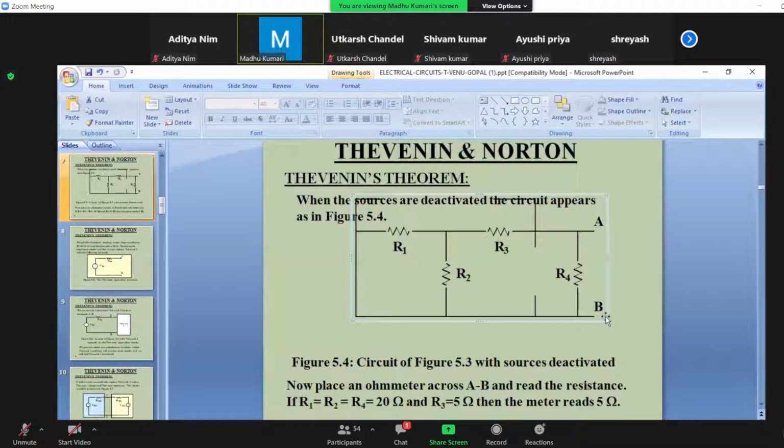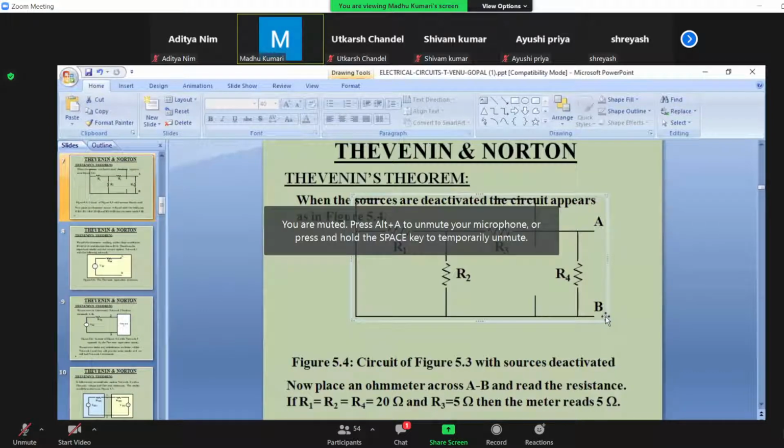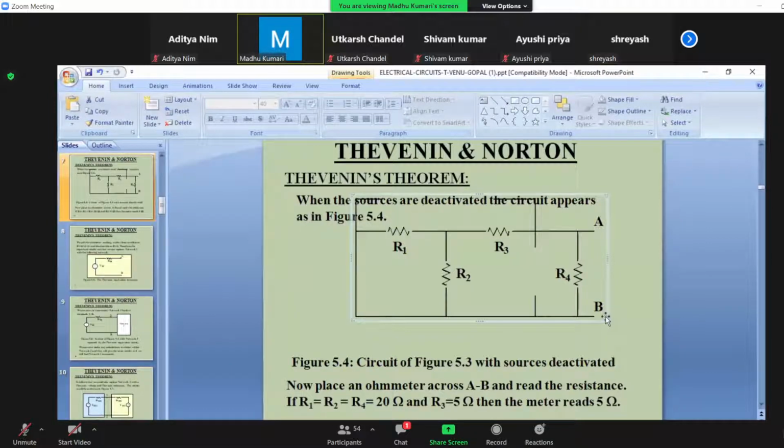Now, when you are using Thevenin's theorem, step 1 says: first of all, remove the load resistance where you have to calculate different parameters. Suppose R5 is the load resistance, where we have to calculate power, voltage, and current.